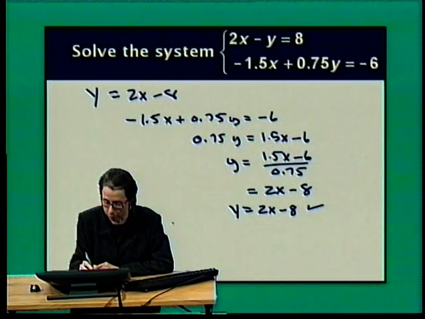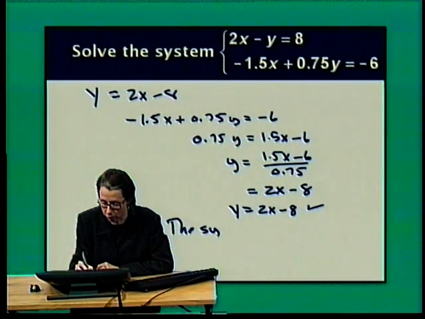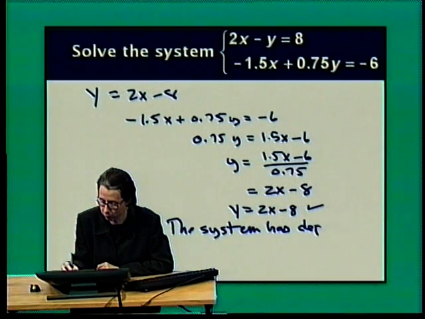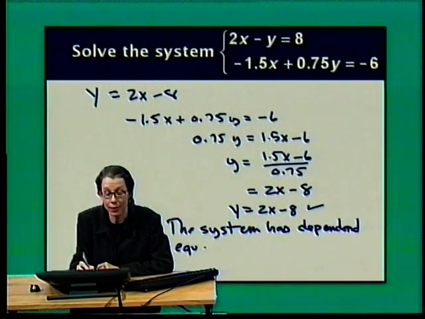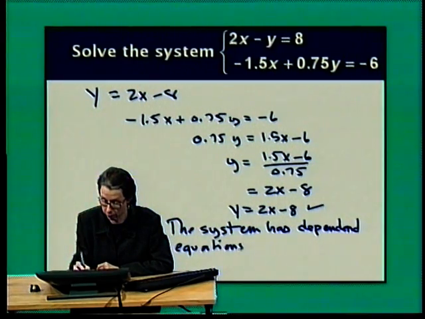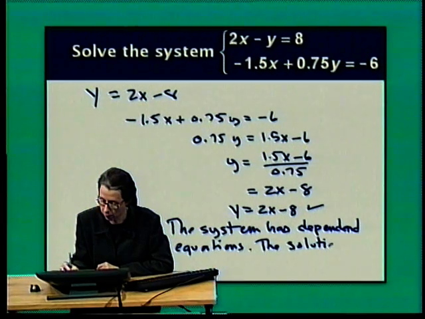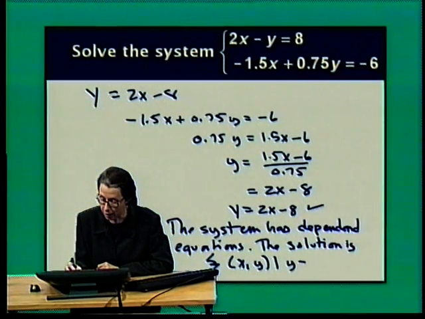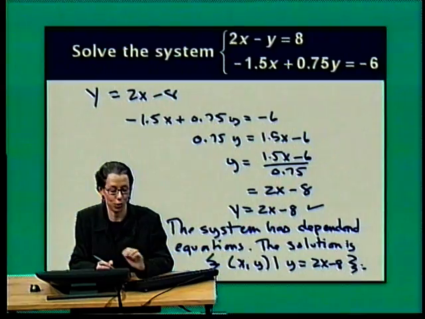So this system has dependent equations, but we can state the solution. The solution is the set of all ordered pairs that satisfy y equals 2x minus 8. So we're done with that problem.